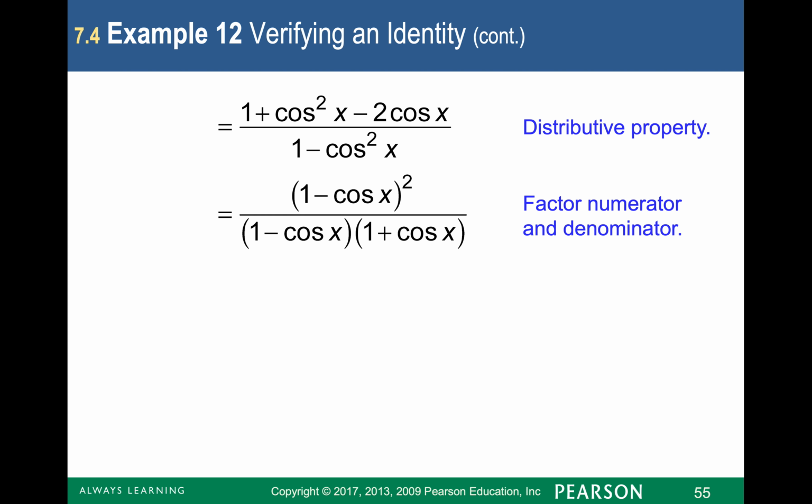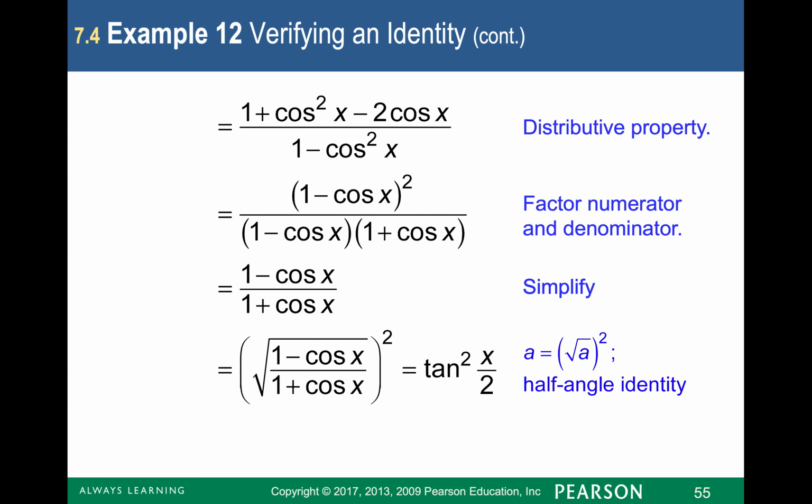I'm going to factor the numerator and the denominator, which would be 1 minus cosine x over 1 plus cosine x, because I can factor and then cancel things out. Which then, and this is where it gets interesting, becomes: I can square root both sides, and I'm going to get tangent squared of x over 2. So my identity is verified.